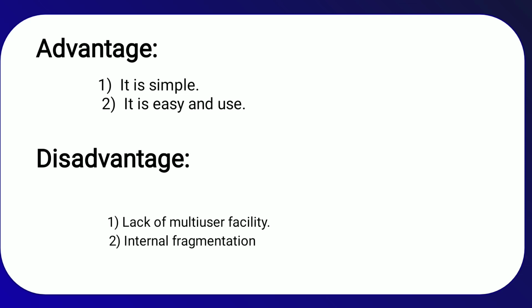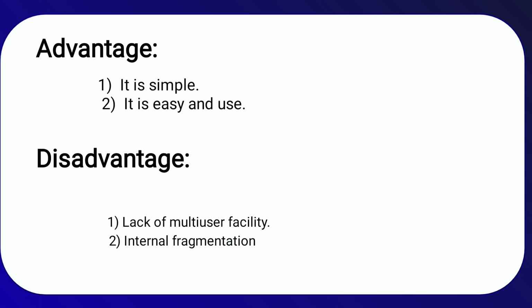Advantages of single contiguous: it is simple, very easy to implement and use. Disadvantage: as we already saw, only one process can be allowed to reside inside the main memory. So the main disadvantage is lack of multi-user facility, and internal fragmentation will happen.